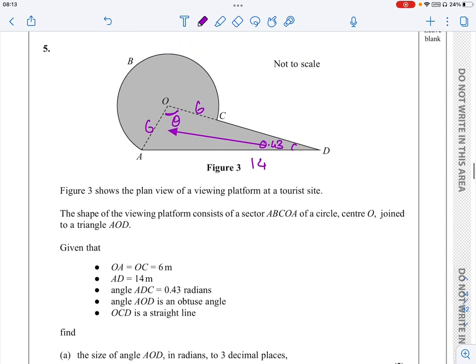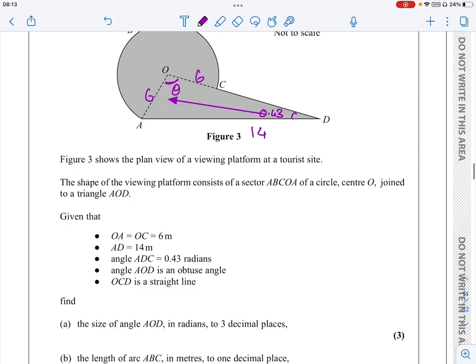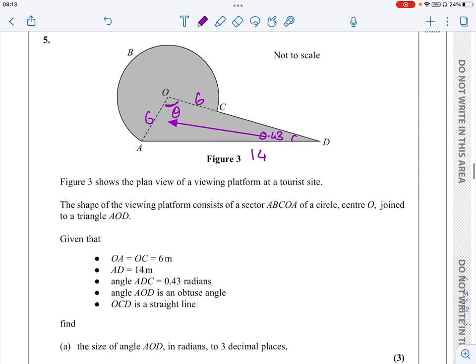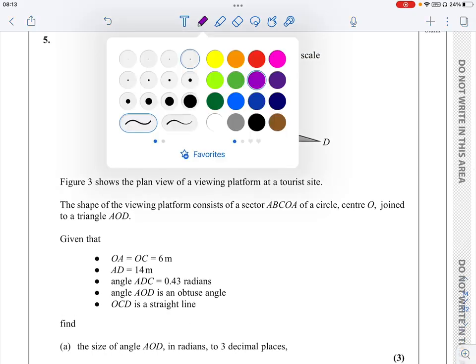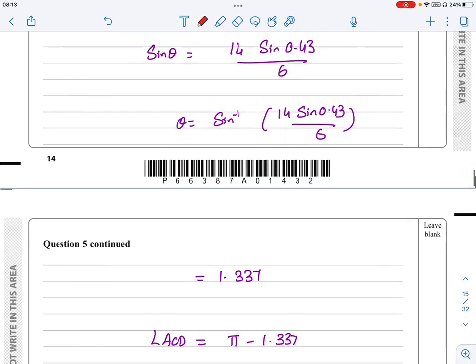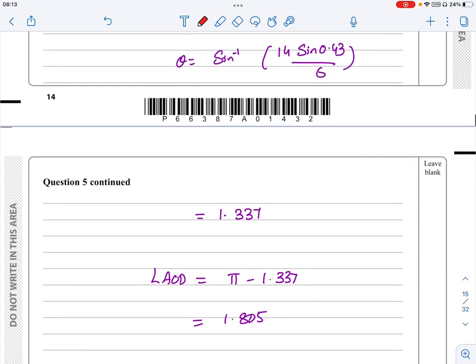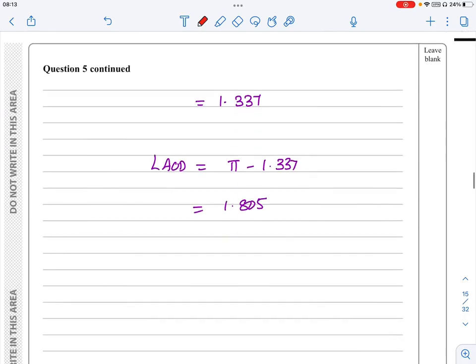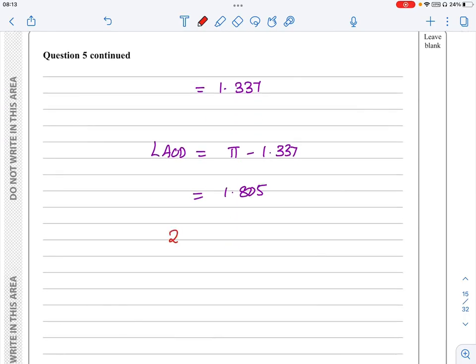So how should I be able to find the length of the arc ABC? So we know the major angle. The inside angle theta we have just found was 1.805. So the remaining angle will be nothing but 2 pi minus 1.805.